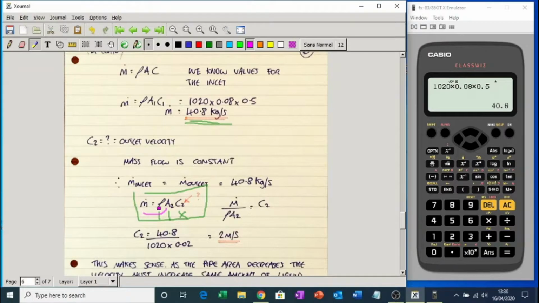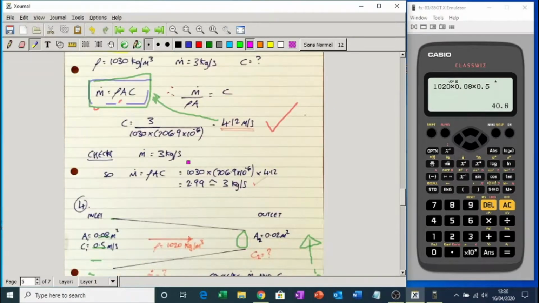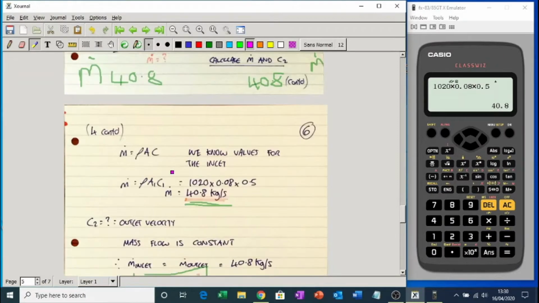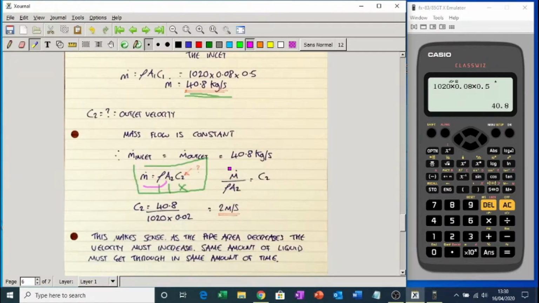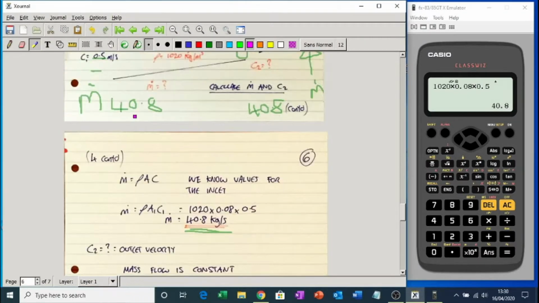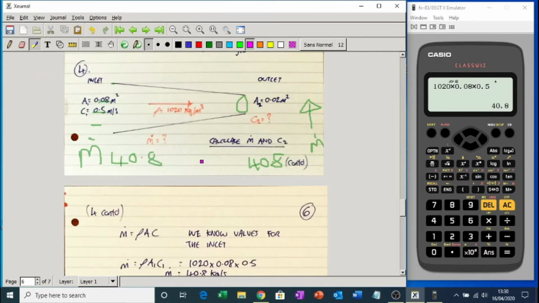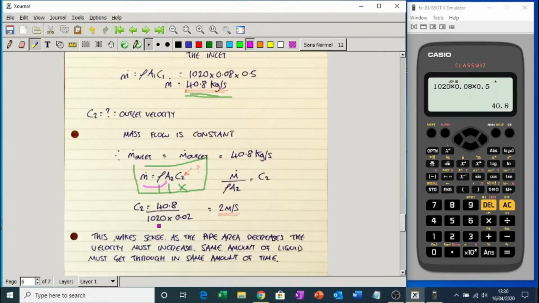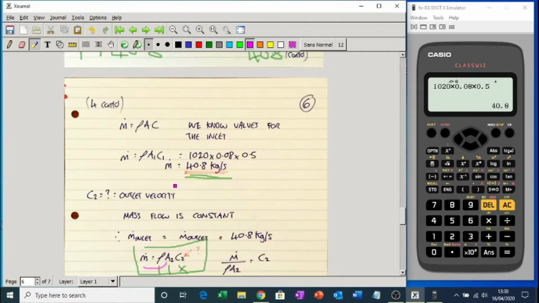So I'm going to bring density and area down, just like we did up here somewhere. Right, so speed is mass flow rate divided by density times area. That's my mass flow rate because we've worked it out. The area is 0.02. The density is 1020.